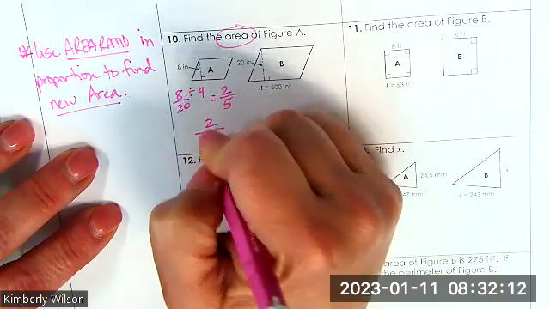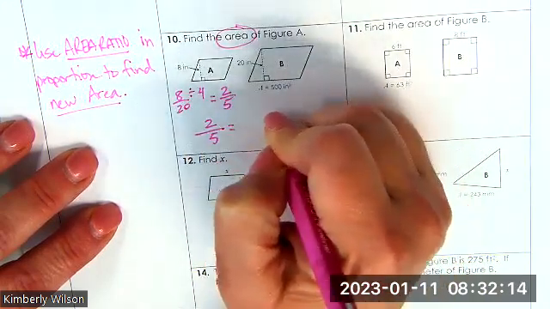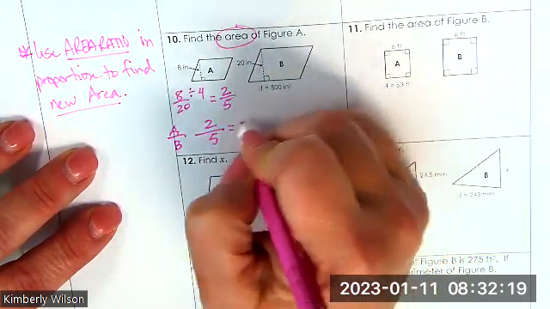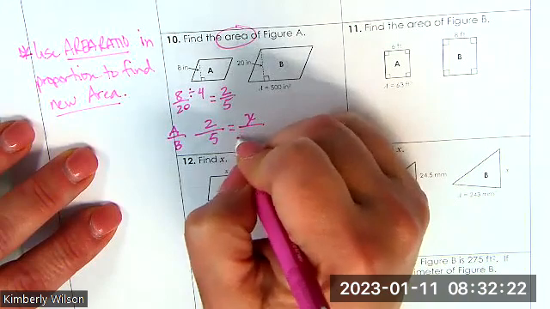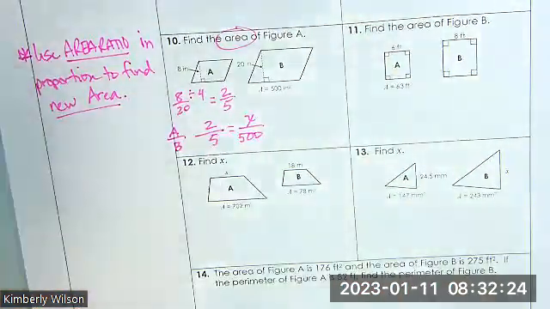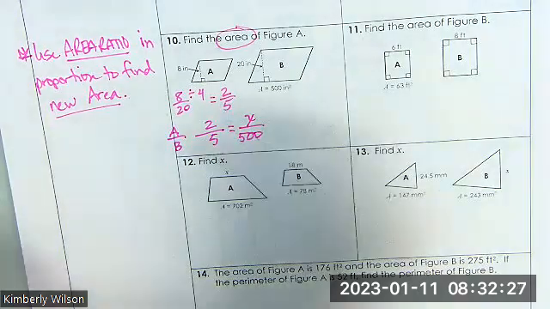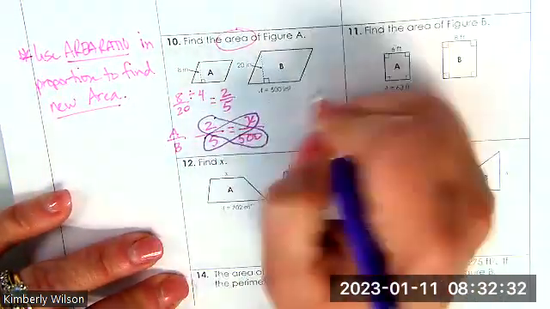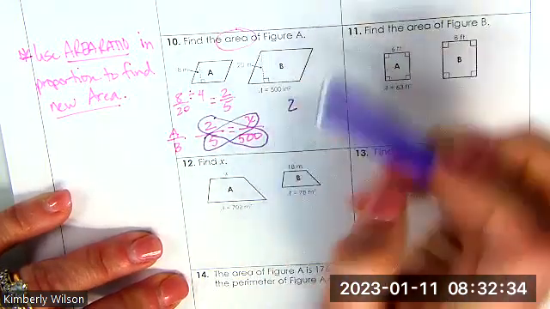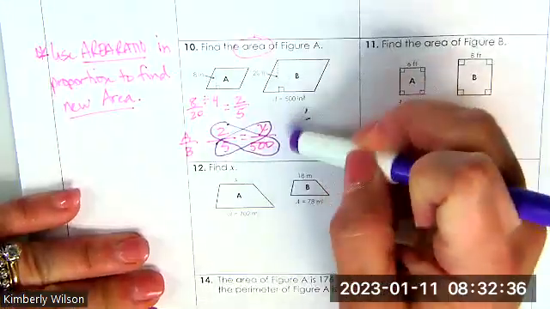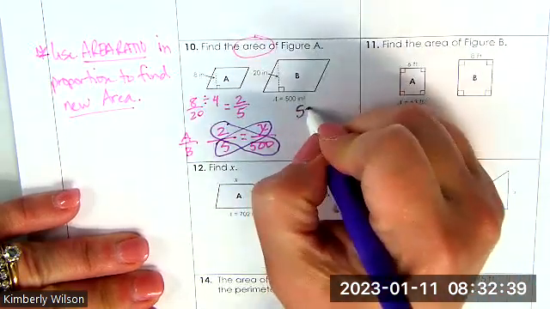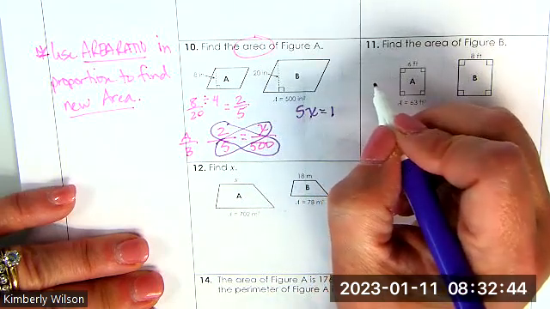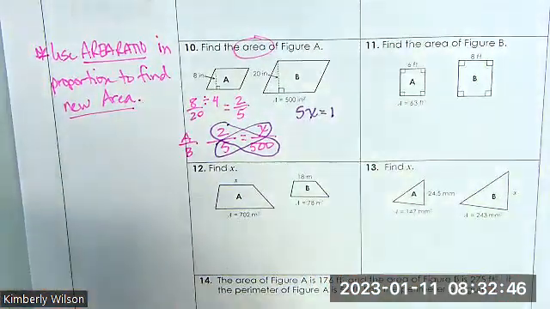So now I have 2/5 equals x over 500, which means we multiply diagonally, and I have 5x equals... oh, that's where I missed.